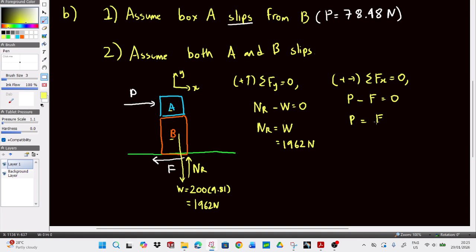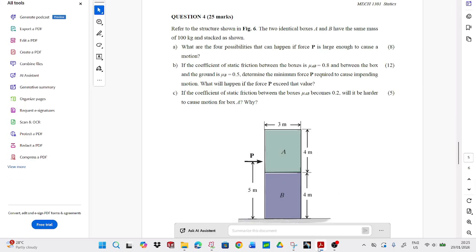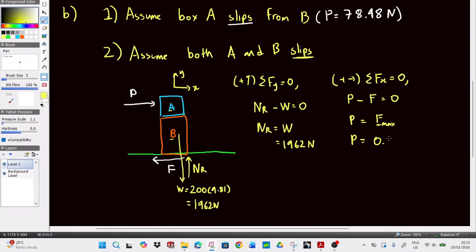And remember, because we're assuming that both boxes slip, this F is basically the maximum static frictional force, F max, which is simply 0.5 times NR. I think they mentioned it was 0.5, so it's just 0.5 times 1962, which is 981 newtons.